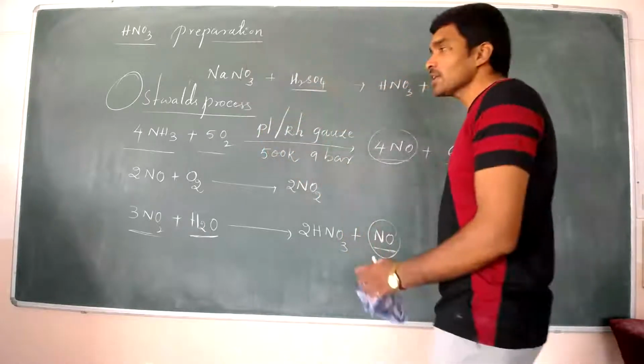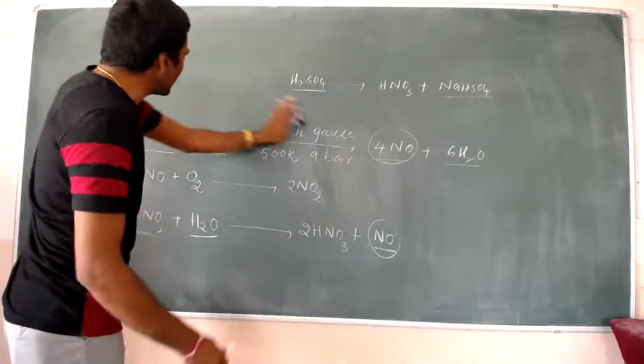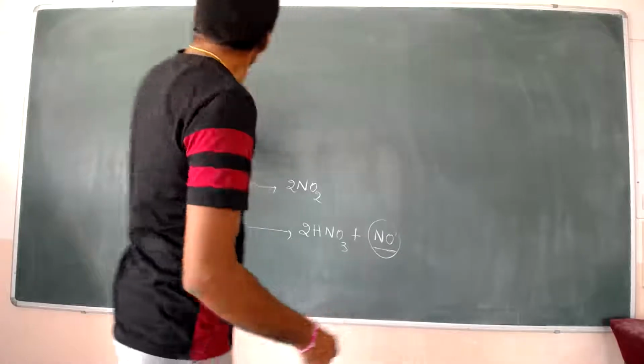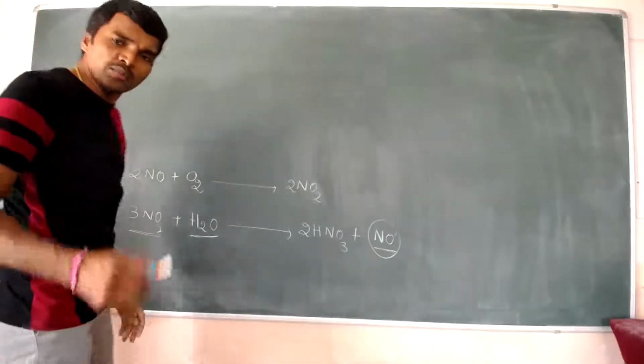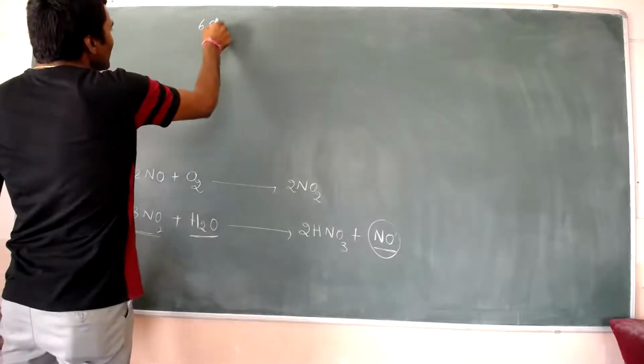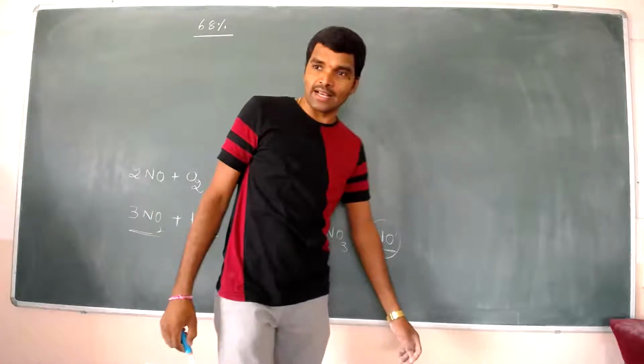So in this reaction, we prepare nitric acid. How much percentage does this nitric acid become? Only 68% nitric acid.